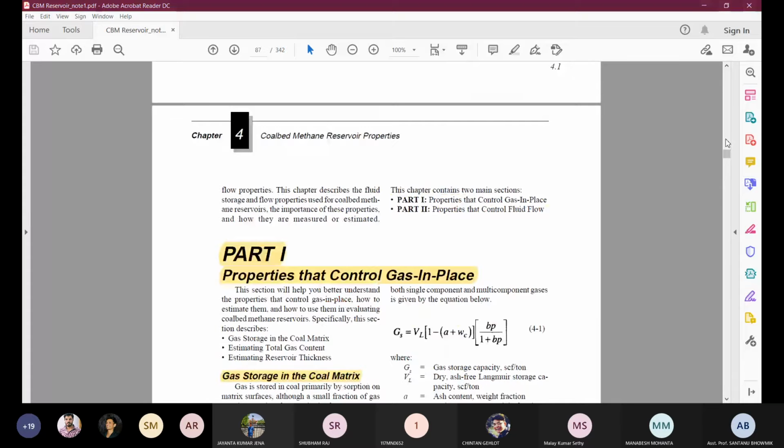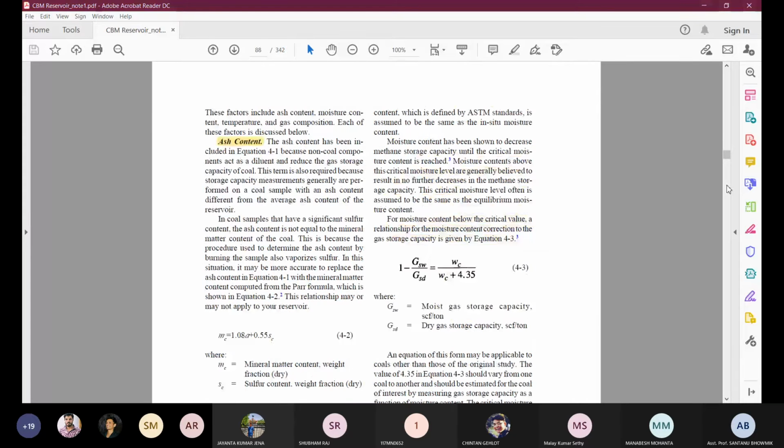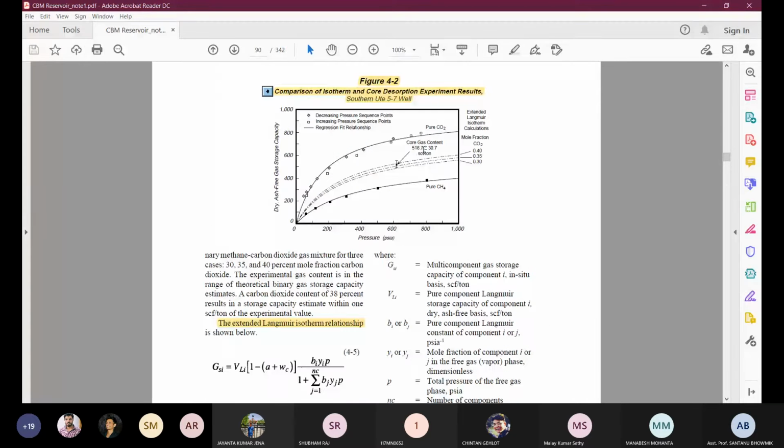Suppose this is your isotherm. Suppose we are taking the pure carbon dioxide graph for the isotherm. What will happen if you reduce the pressure? You will continuously see that it is flat.